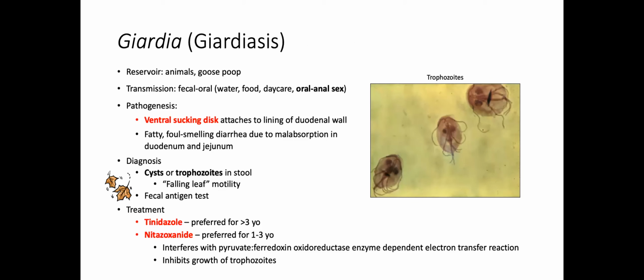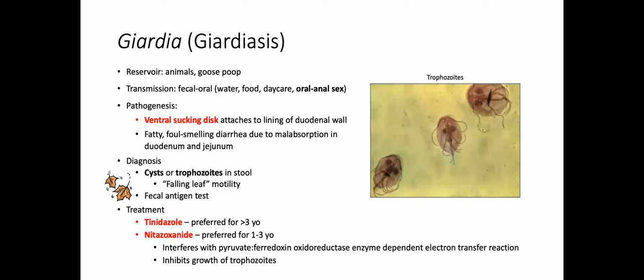Giardia has reservoirs in animals, like goose poop, with fecal-oral transmission. Think of food and water, like don't be drinking out of streams, you might get Giardia. It's got the ventral sucking disc attached to the lining of the duodenal wall.